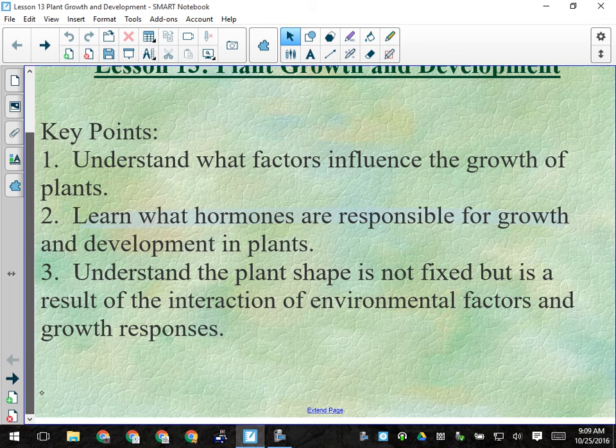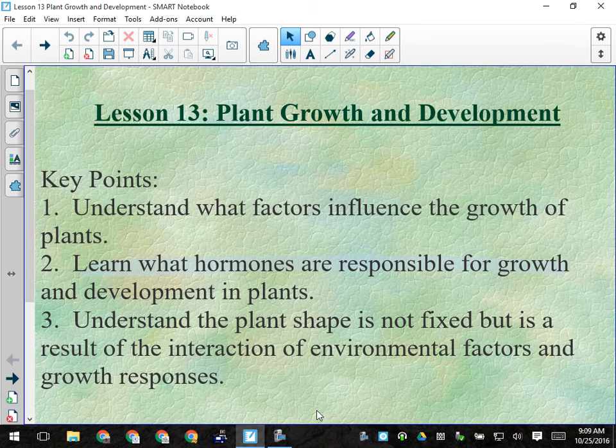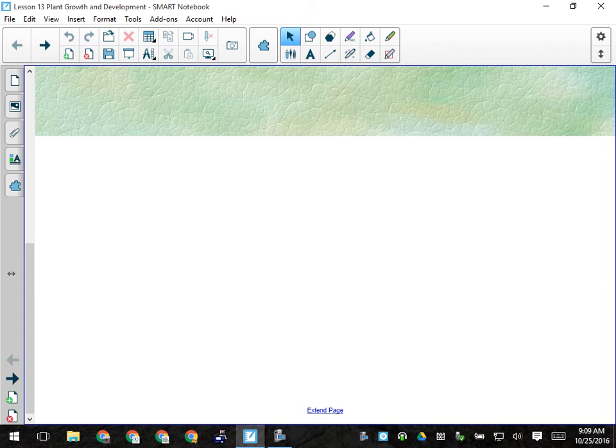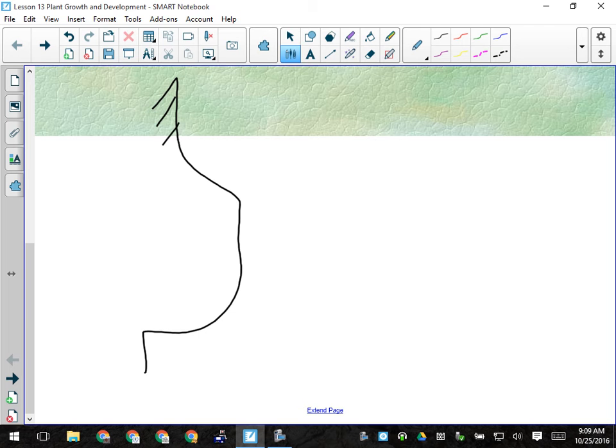Okay, I remember one when I was working at a golf course when I was in university. There was this spruce tree that had a trunk like this, because there was a rose bush or some kind of bush that grew right here.